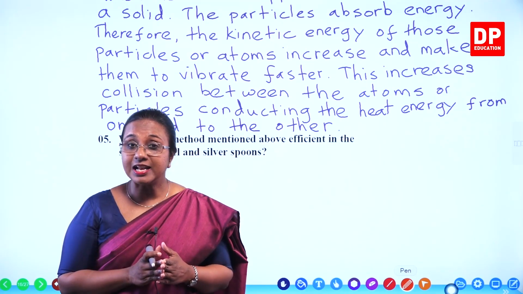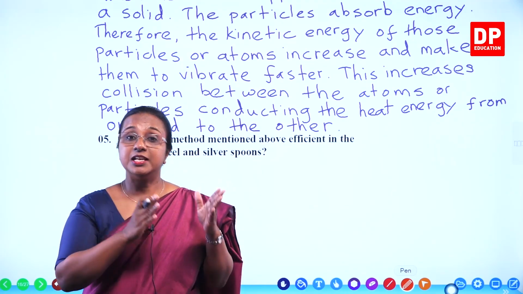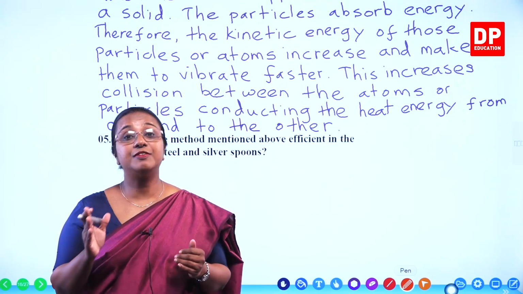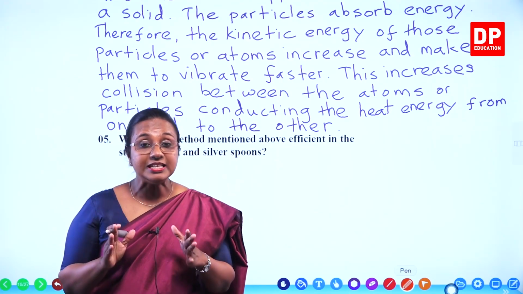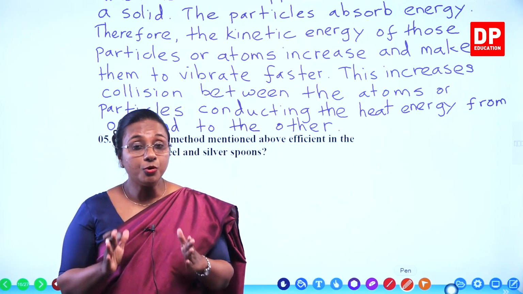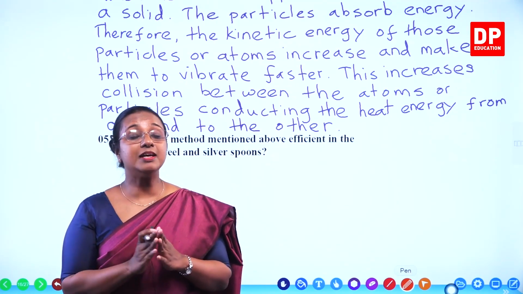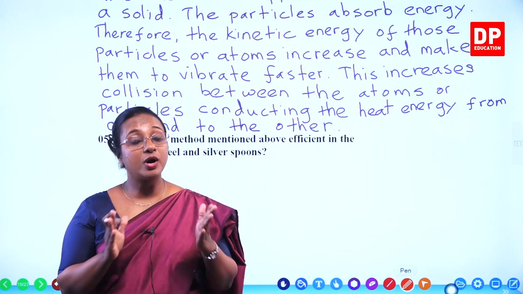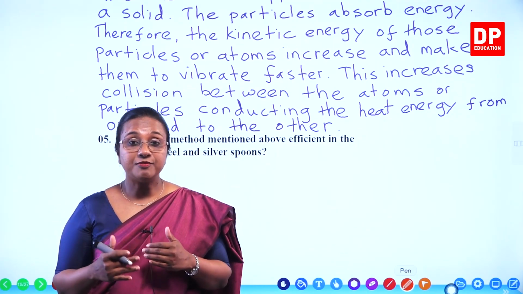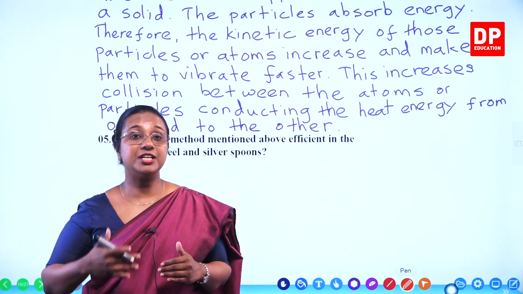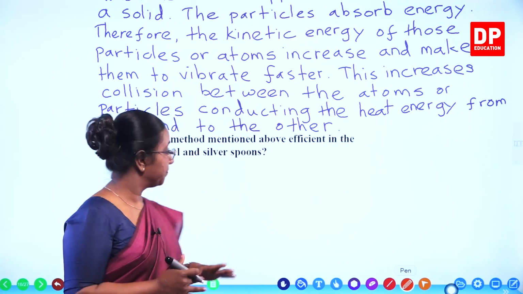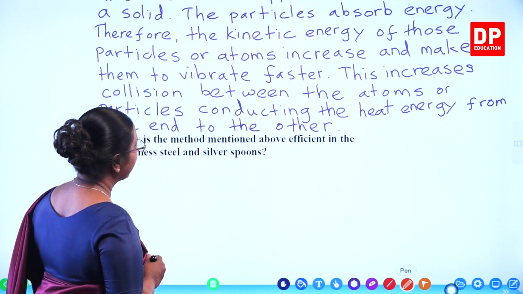And in the metallic lattices, what is there? The nucleus, that is the positively charged atoms, as well as the free electrons. So, in metals, both the atoms and the free electrons can vibrate and they can transfer or conduct heat. Therefore, it is even more efficient and faster for metals to conduct heat. So, that is the answer you have to write here.